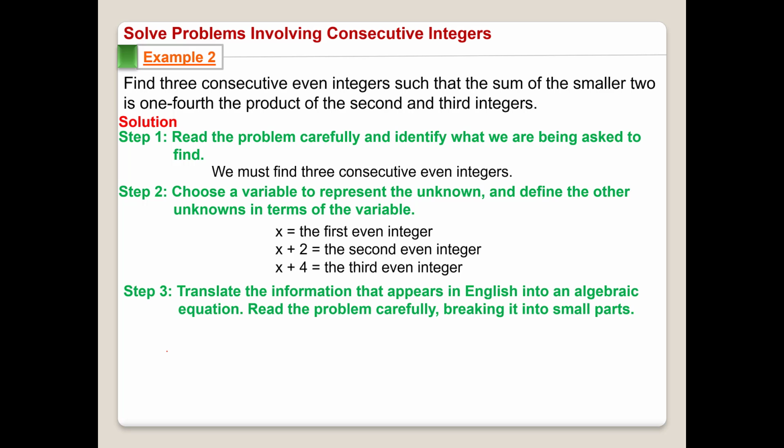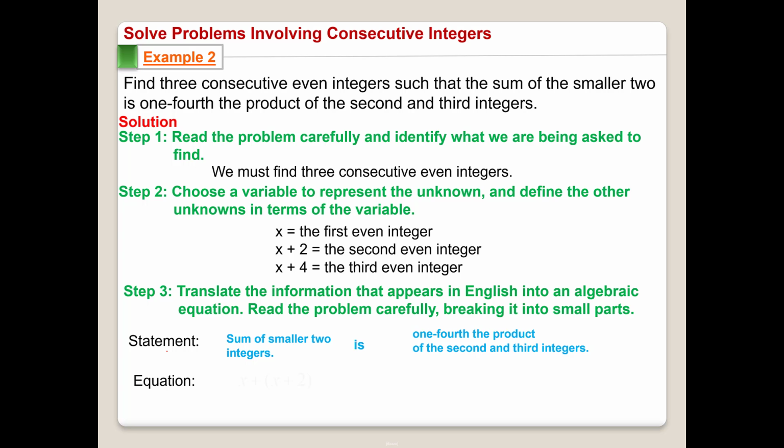So now we need to translate the information that appears in English into an algebraic equation. So let's read the problem carefully, breaking it into small parts. So we need the sum of smaller two integers, right? So we need the sum of the smaller two is 1/4 the product of the second and third. So for our equation, we can simply write this out.